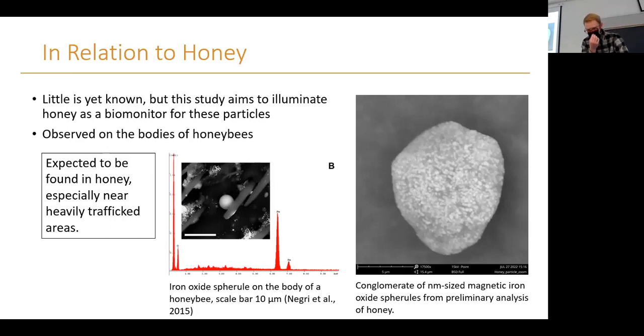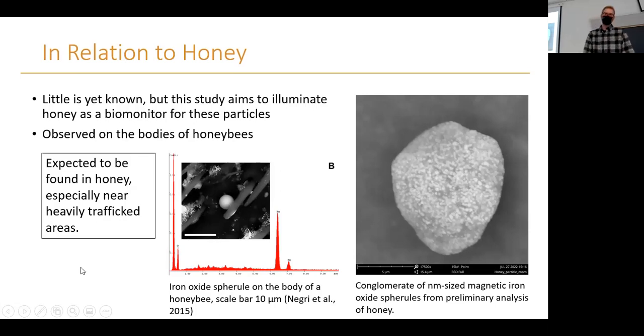And I also have reason to believe that they're in honey, because this picture here on the right is an aggregate of little tiny spherules, which I believe are the same types of spherules. This is just over 5 microns in length and circumference, but there are, of course, many hundreds of these at a time.